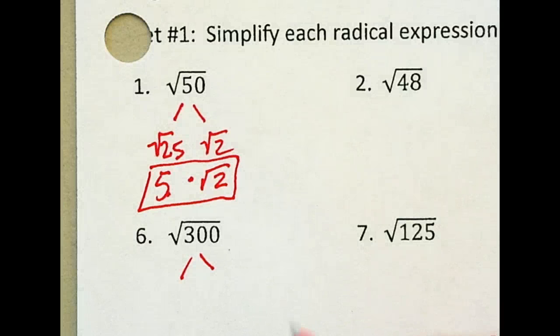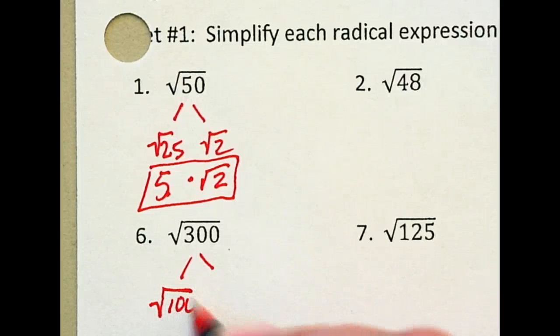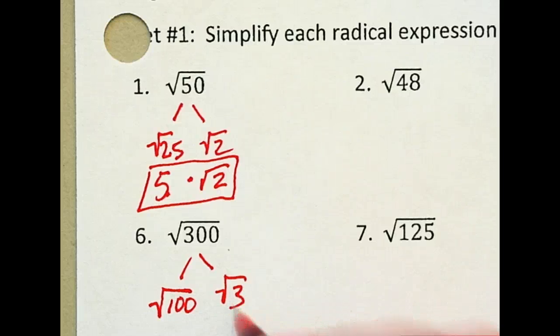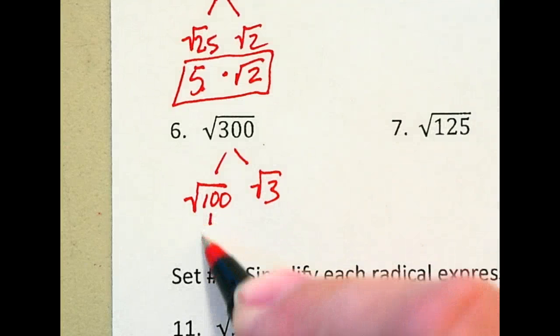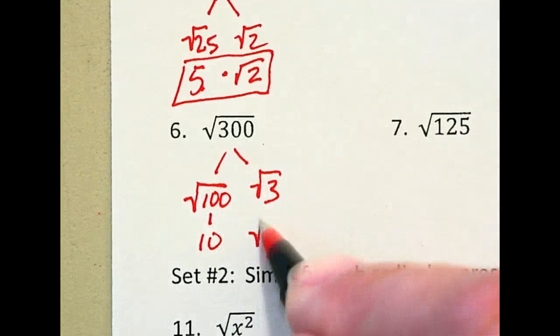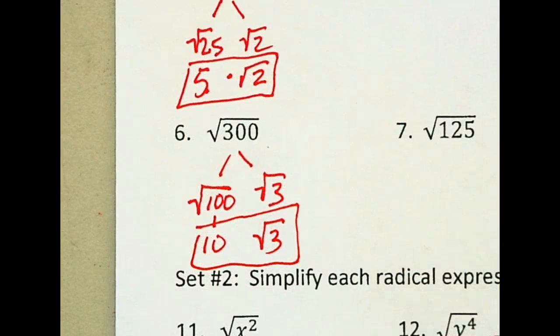Would it be the square root of 100 and then root of 3? It would be. That's totally radical. Okay, root 100 by root 3. Root 100 becomes 10 and root 3. How many got it?